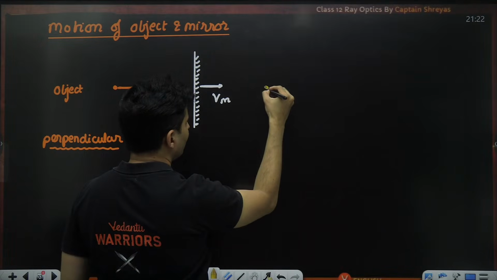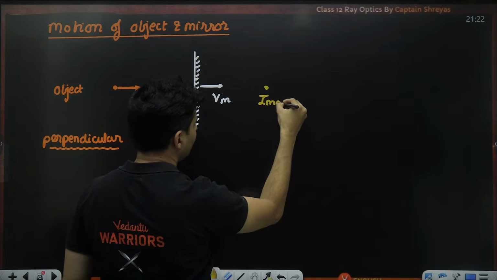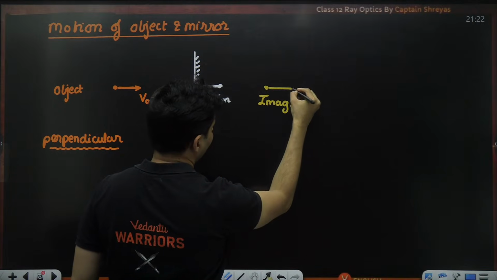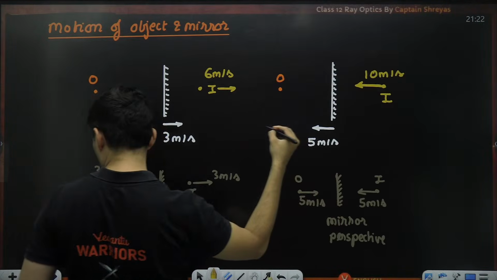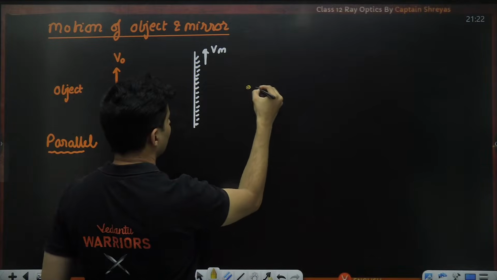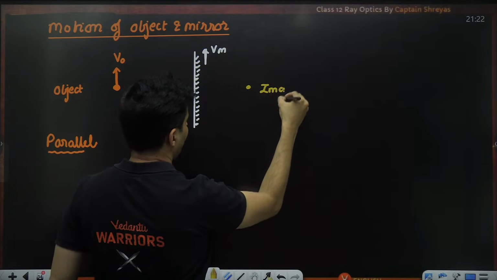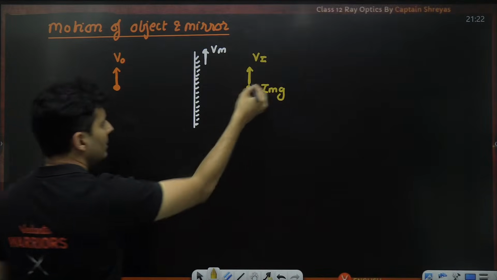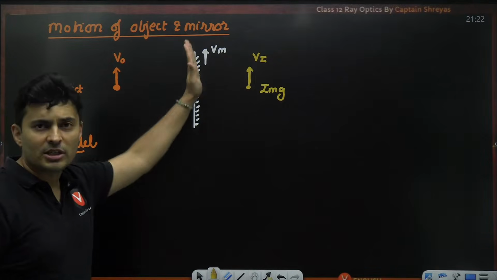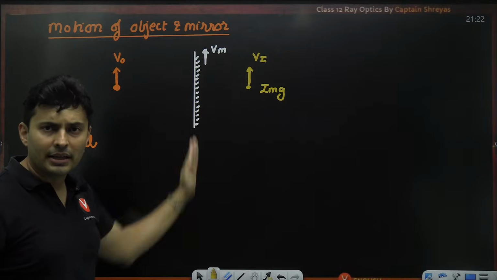The image will have some kind of velocity. I'll call it Vi. Here I will also call image will have some kind of velocity Vi. This is very easy. This velocity of the mirror will not matter only in this case.